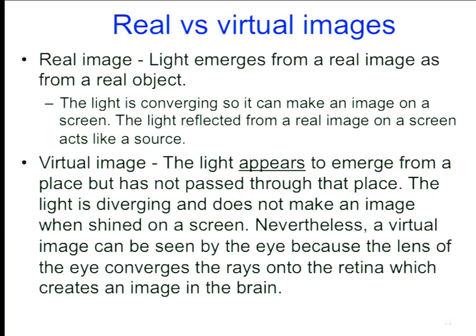Some of you have seen this already, there's a bunch of false flowers hanging from here, and I want an image of that, same size, to appear here. So I want it to be inverted and the same size.